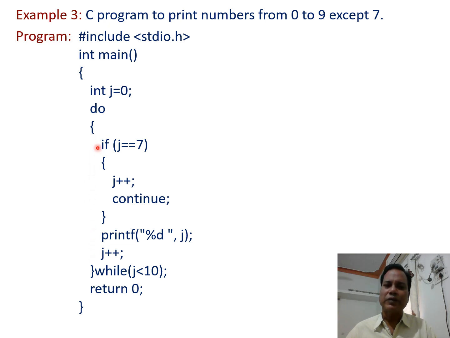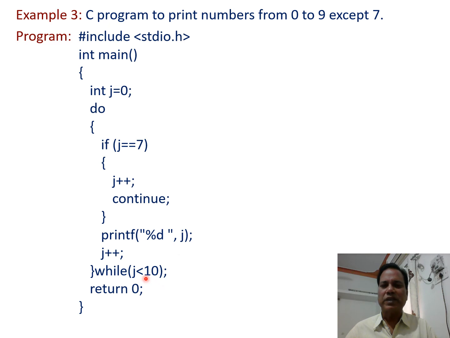This time also the condition in the if statement is false. So control comes out of the if statement, and then the value of j, that is 9, gets printed. After printing, the value of j is incremented. This value becomes now 10.